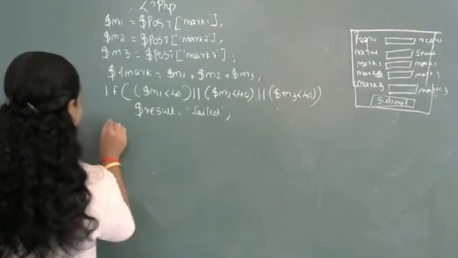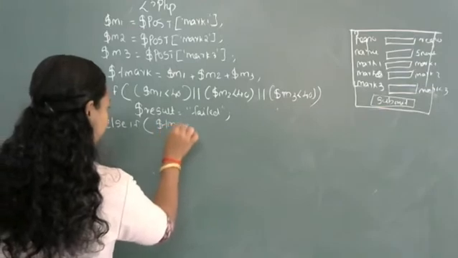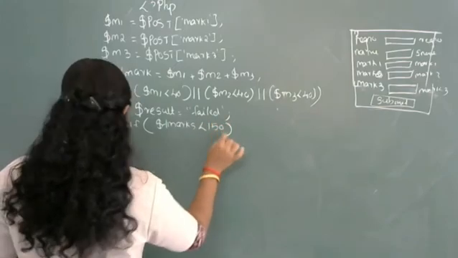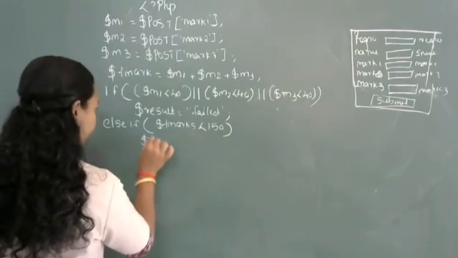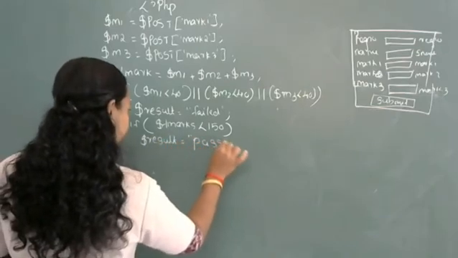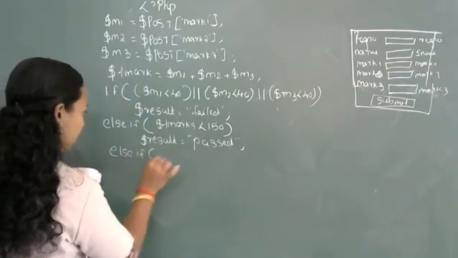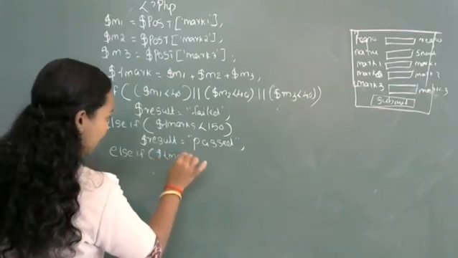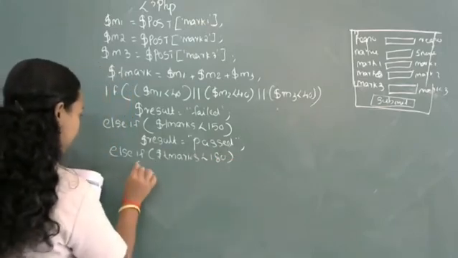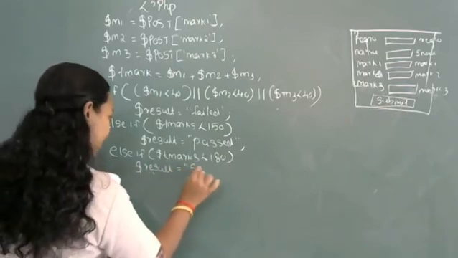Then else if Tmarks or total marks less than 150, result equal to passed. Then else if Tmarks less than 180, result is equal to second class.